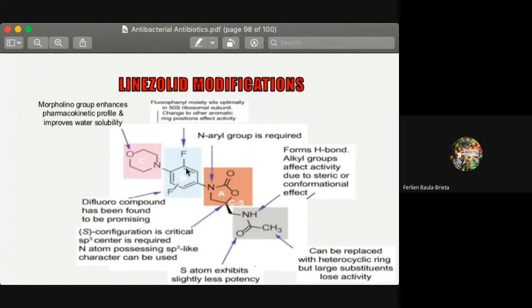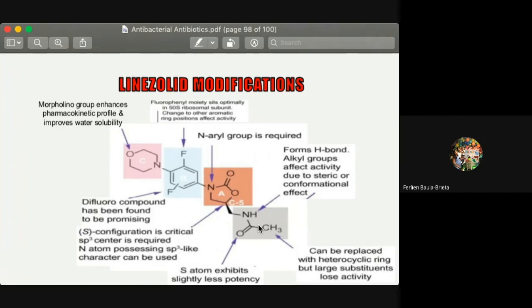This one, fluorophenyl moieties, is optimally in 50S. This one are our fluorine. They're the ones who are directly in contact with our ribosomal unit. And then the N-aryl group, this one, will allow treatment of our antimicrobial property.